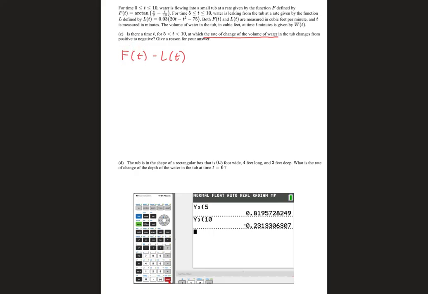And L of t is some polynomial function, and polynomial functions are also always continuous. So if you subtract two continuous functions, you're going to get another continuous function. Okay, so this function's continuous, but we have to say that in order to use the intermediate value theorem.